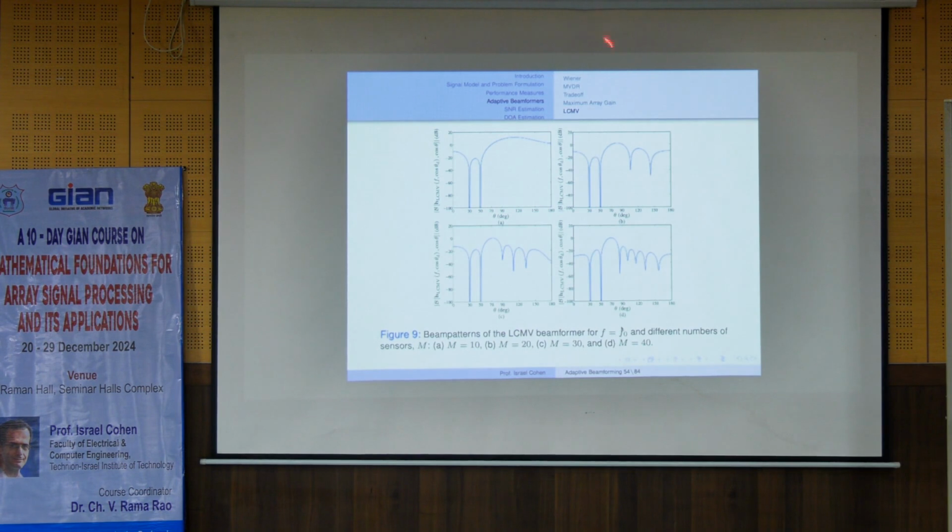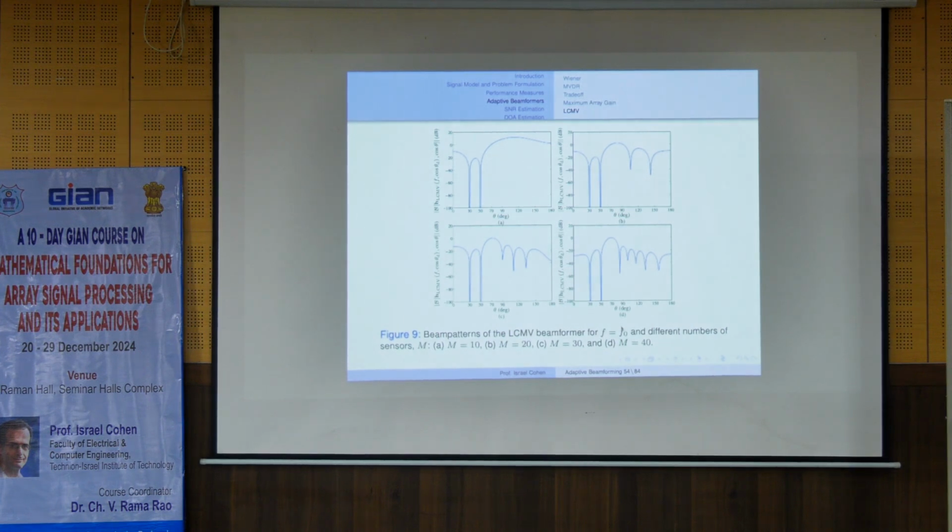With the LCMV, we have complete nulls, no matter how many sensors that we use. Why? Because it's part of the constraint here, the constraint matrix. We put constraints, so the optimal beamformer puts nulls in the directions that we told it in the optimization problem, to put nulls in this direction. So we see we have nulls in these directions.